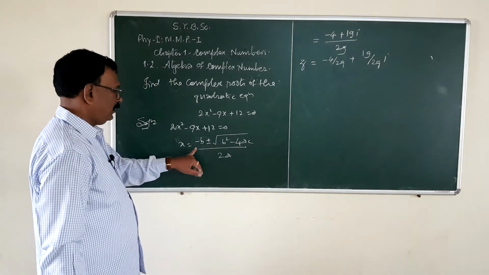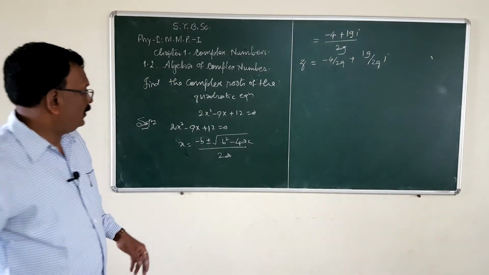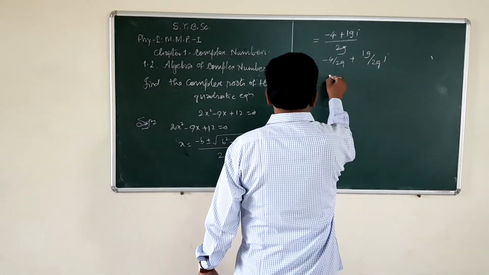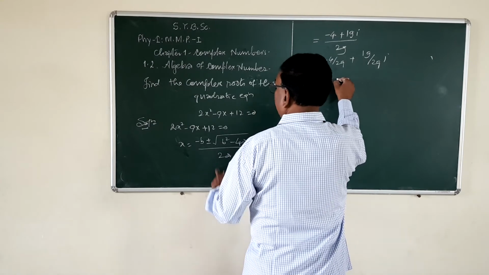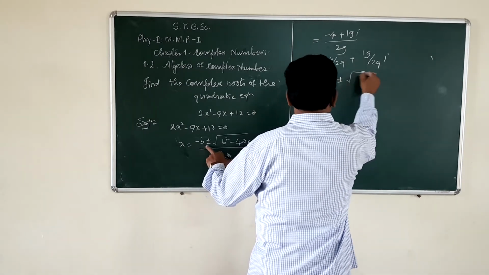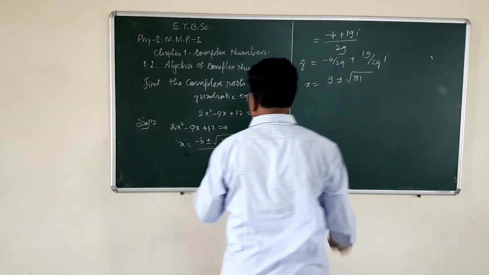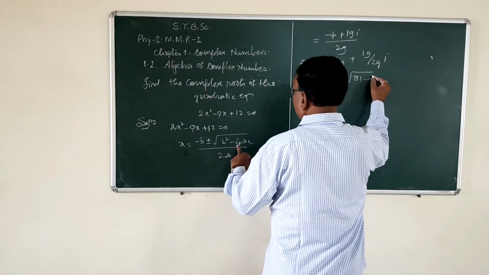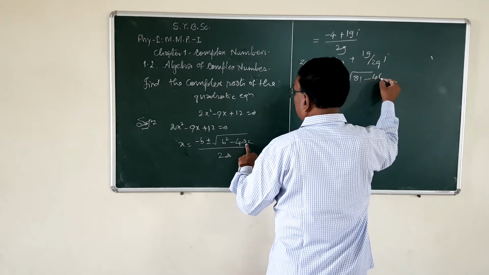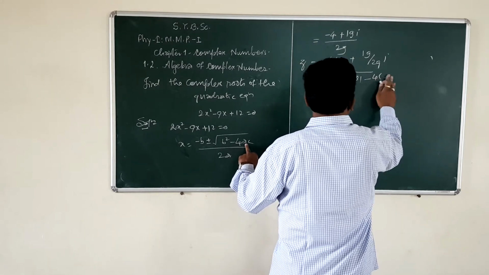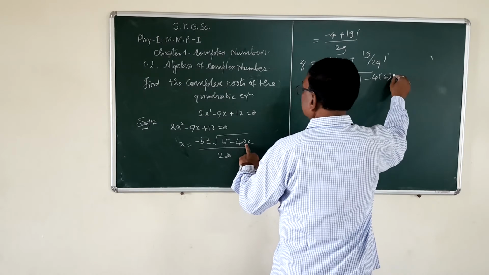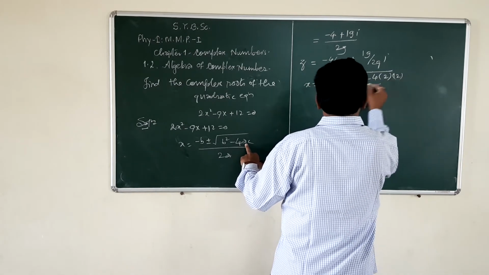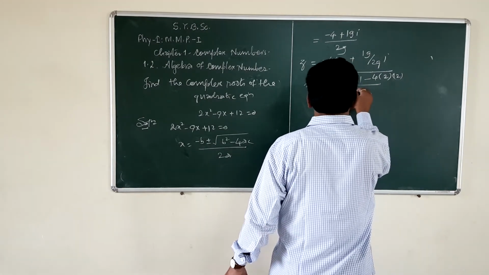Then substitute the value of each term, we will get x is equal to minus b, the value of b is 9, so minus minus 9 plus minus under root 81, the square of b is 81, minus 4 into 2 into 12, and 2 into 2.